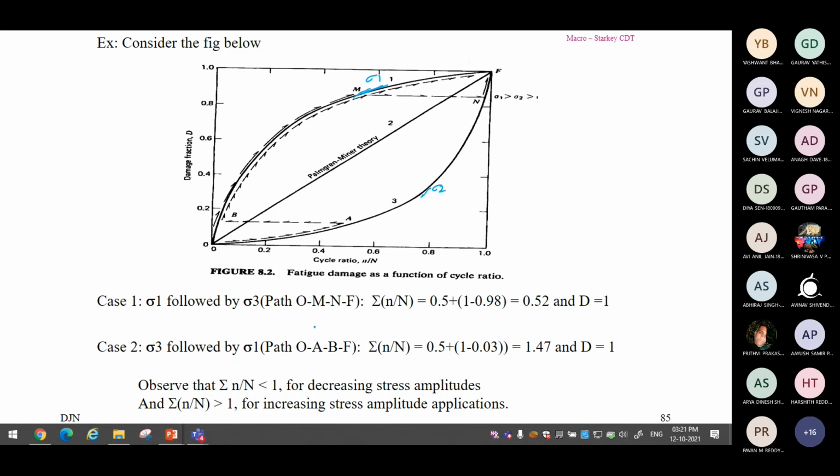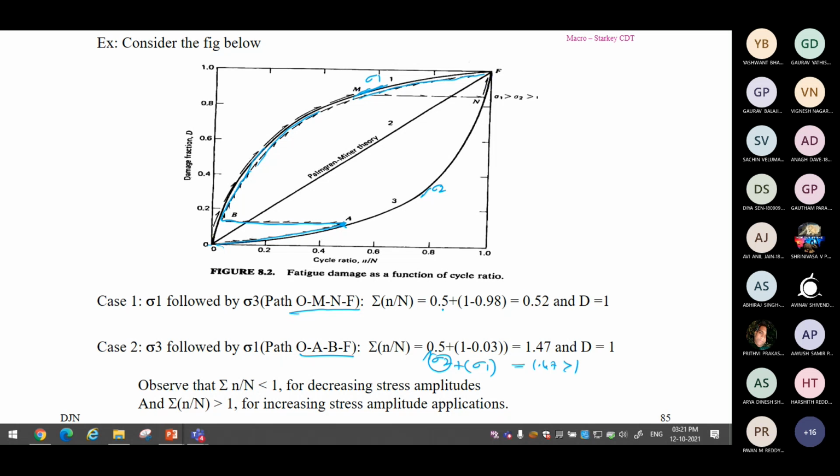So from 0 to A, you apply sigma 2, then you start applying sigma 1. At that time, what is the particular damage? First apply sigma 2, path OABF, the second case, sigma 2 first. This is the damage because of sigma 2 and then damage because of sigma 1. Altogether, we are finding 1.47, which is greater than 1.